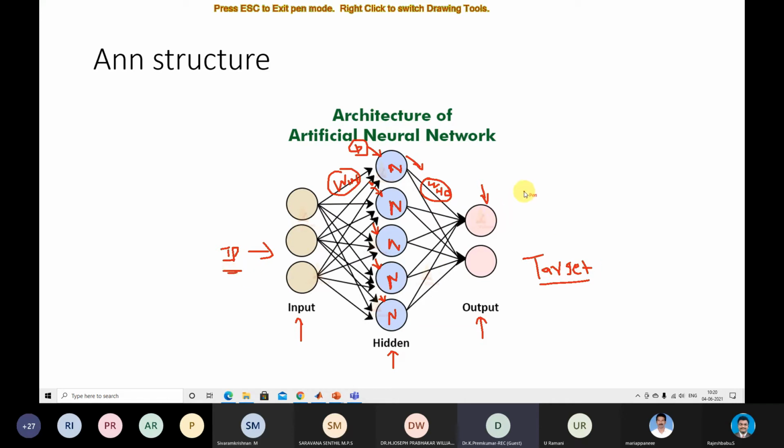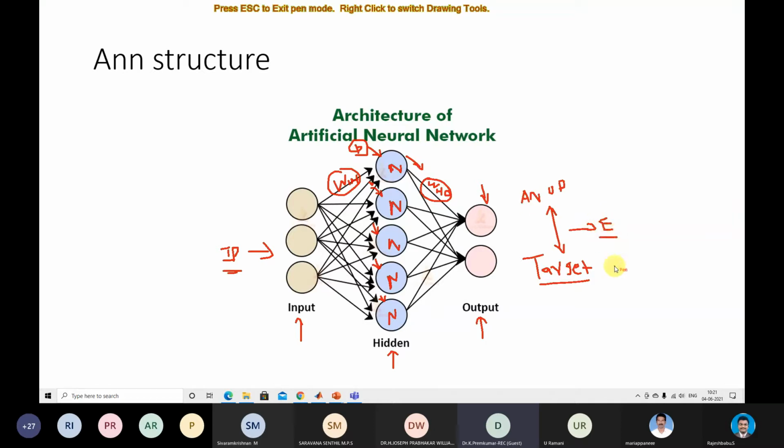This is the output from that ANN. For example, we consider that as the ANN output. This ANN output and the target are going to be compared. When you compare them, after each iteration you will get some error, and that error is going to be minimized.